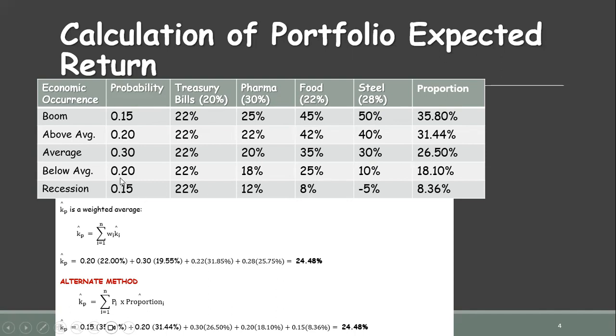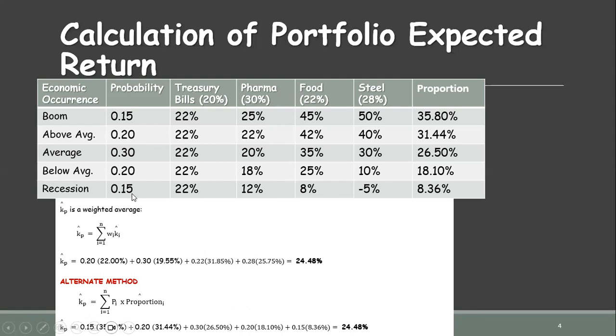For below average, the probability is 20%, and the return 22 will multiply by 20%, 18 will multiply by 30%, 25 will multiply by 22%, 10 will multiply by 28%. The sum of all these returns comes to 18.10%.